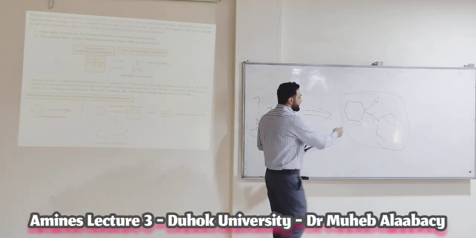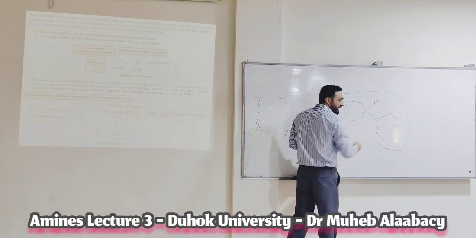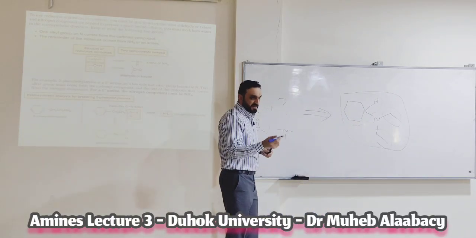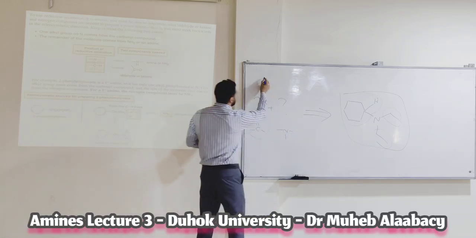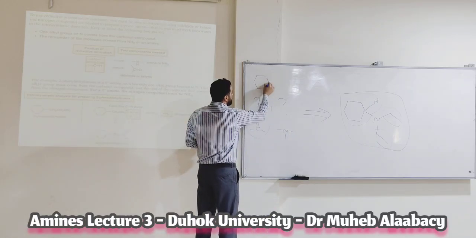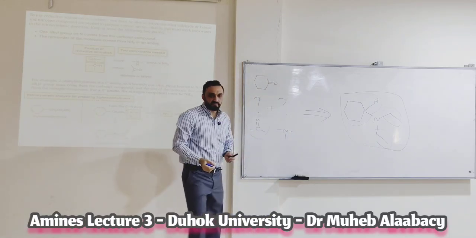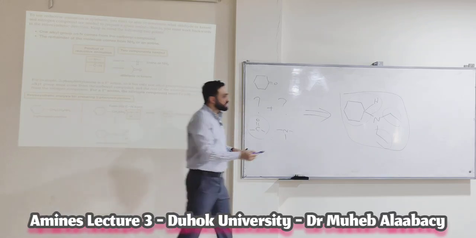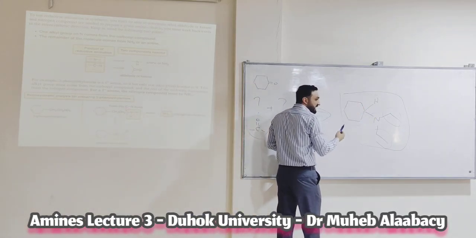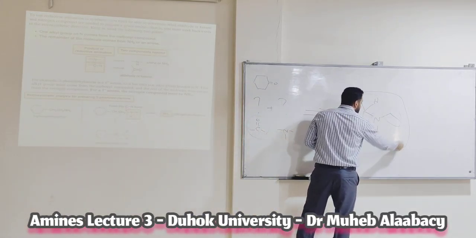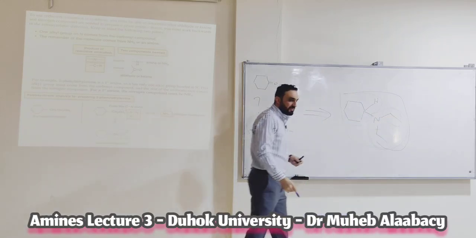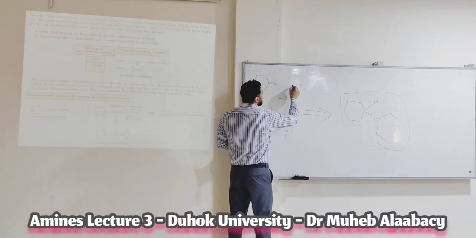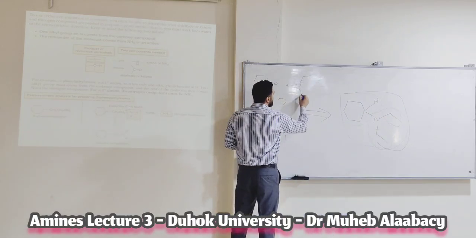For example, this comes from a ketone or aldehyde, directly this part. There is no other possibility. And the remainder comes from the amine, any amine. Put hydrogen, this is the amine.